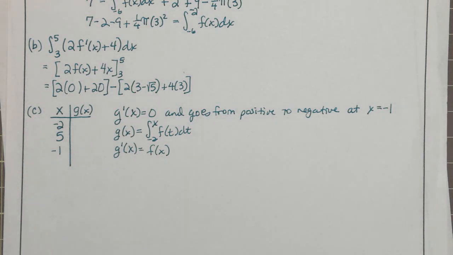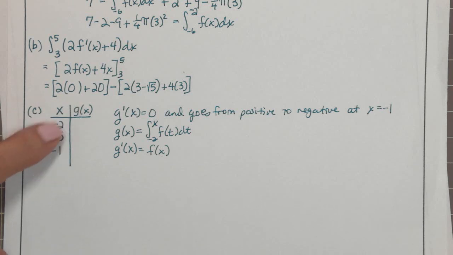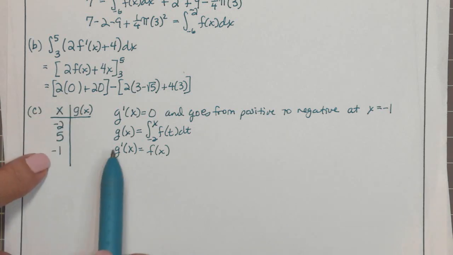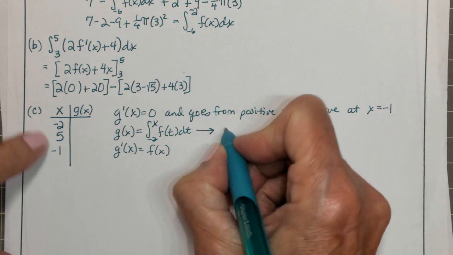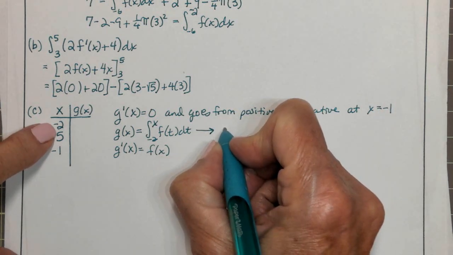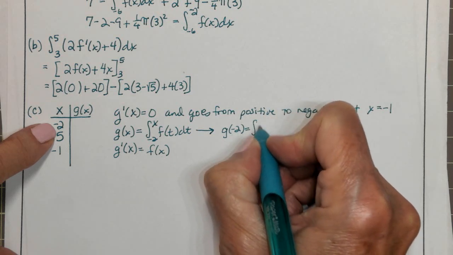All right. Now I need to find all of these values. G at negative 2, g at 5, g at negative 1. So I go to my g function, and I'm going to plug in negative 2 for x first.